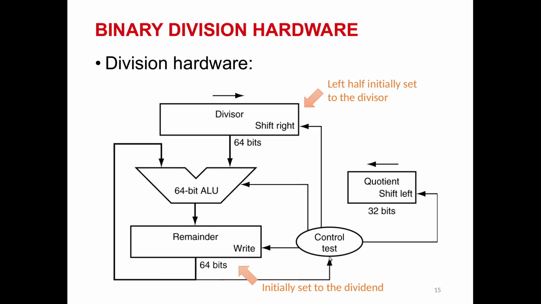If the most significant bit of the remainder is 0, which implies that the remainder is a positive value, you will shift 1 into the equation from the right. And at the same time, you need to shift the divisor 1 bit to the right, and you do the same here until you get the final iteration.